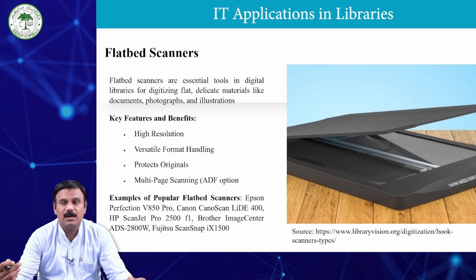Flatbed scanners are essential tools in digital libraries for digitizing flat, delicate materials like documents, photographs, and illustrations. The major features of flatbed scanners are high resolution, versatile format handling, protection of originals, and multi-page scanning with ADF options.